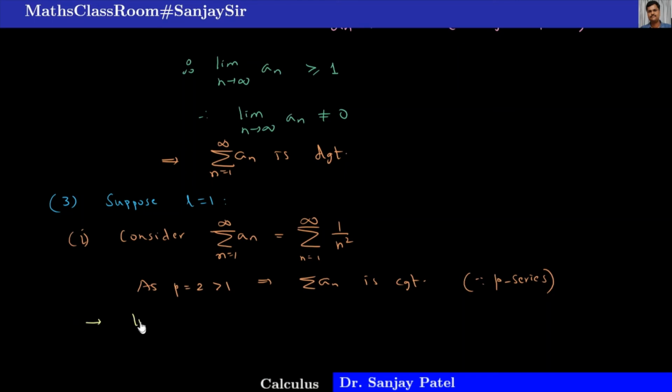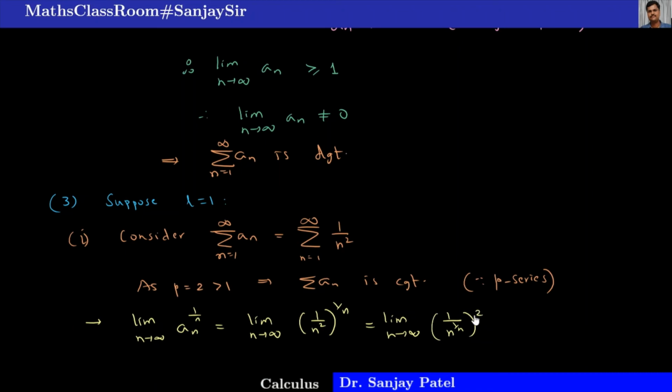the limit of a_n raised to 1 upon n, that is, the limit of the nth root of a_n, that is the limit as n tends to infinity of 1 upon n square raised to 1 upon n. This we can write as the limit as n tends to infinity of 1 upon n raised to 1 upon n, whole square.